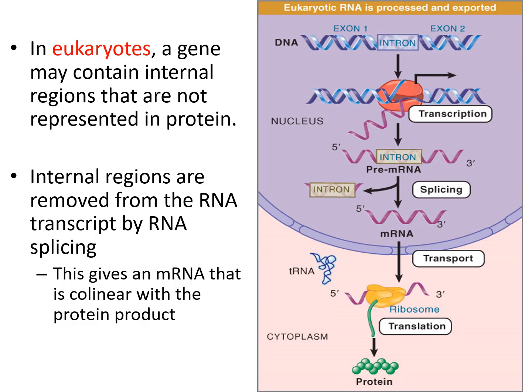In a eukaryotic cell, a gene may contain internal regions that are not represented in the protein. Therefore, we have exons and introns in the DNA. When we transcribe into the pre-messenger RNA, the introns can be spliced out, and we connect the exons together to make a mature messenger RNA.